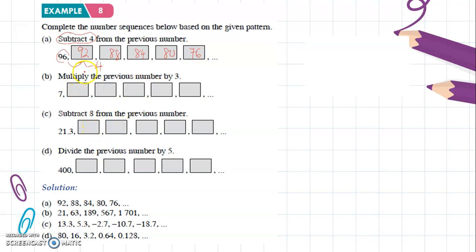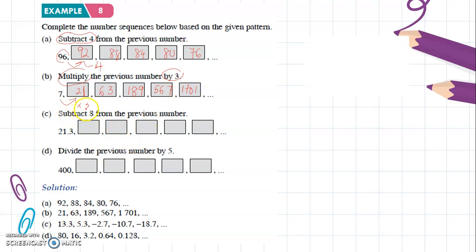For B also already given, the pattern involved is multiply the previous number by 3. It starts with 7, so 7 times 3, you will get 21, and then 21 times 3 you get 63, 63 times 3 you get 189, and then 567, 1701.